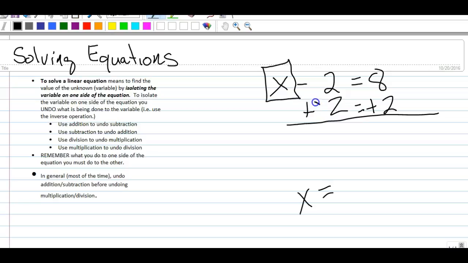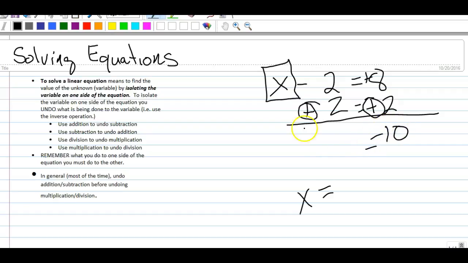Now, it's very important that you keep up with these signs, because it's going to tell you over here on the right side whether you need to add or subtract. If you have like signs, and here we do have like signs because this is understood to be a positive 8, you're going to add. If you have unlike signs, then you're going to subtract. So 8 plus 2 gives us 10.